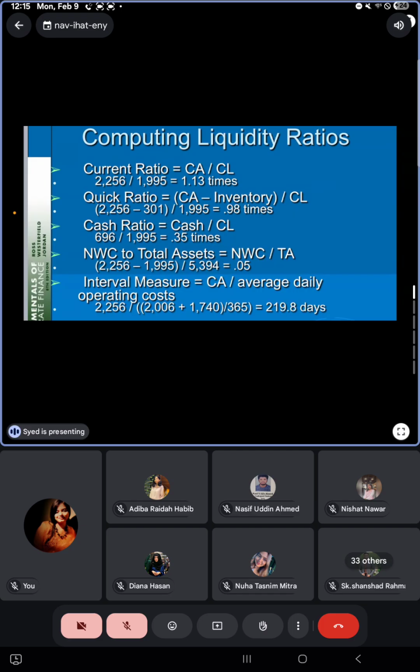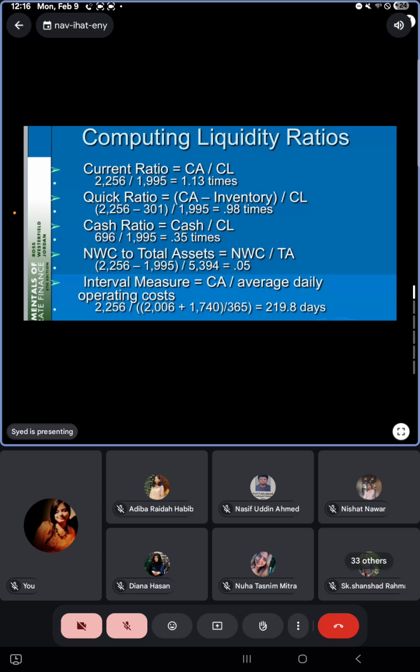We know net working capital is the current asset investment minus current liability. Current asset minus current liability gives us working capital.